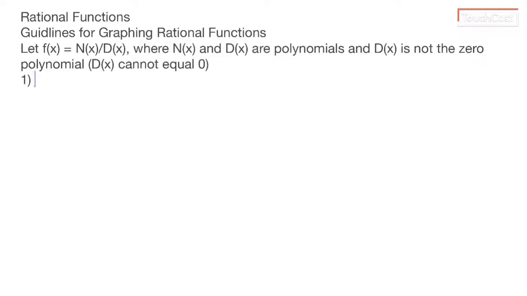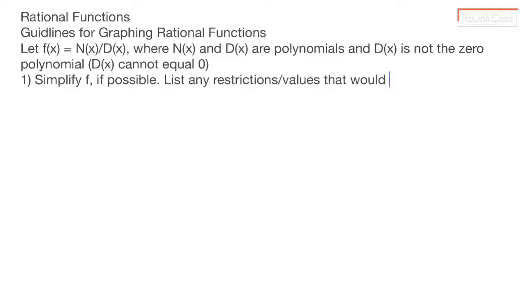First, we are going to simplify f if possible, listing any restrictions, which are just values that would make our d of x equal to 0.